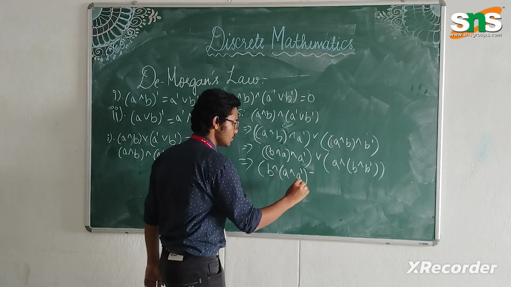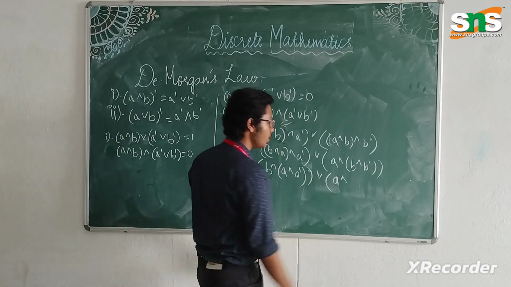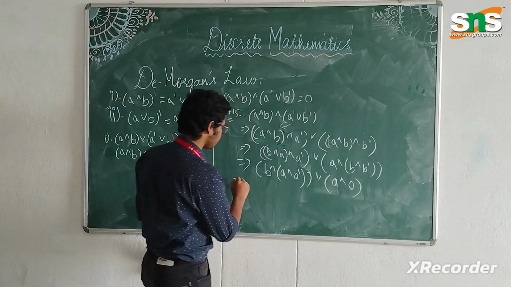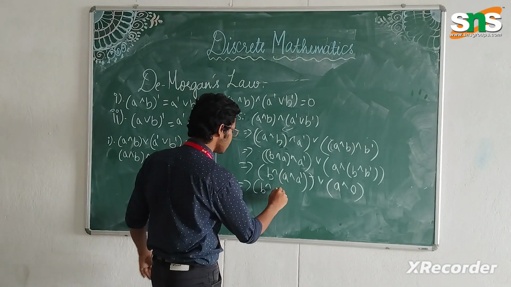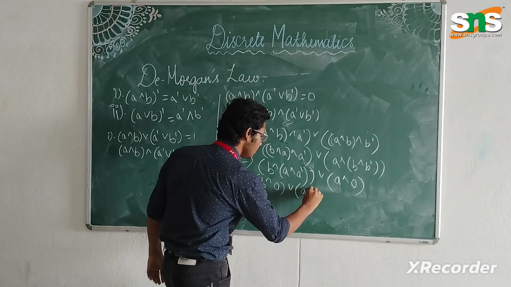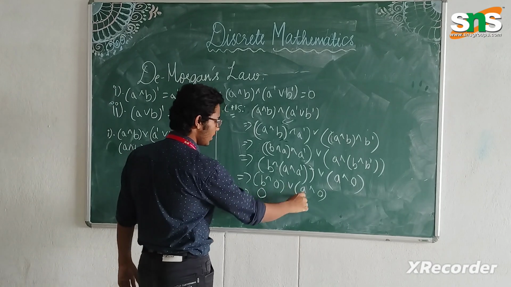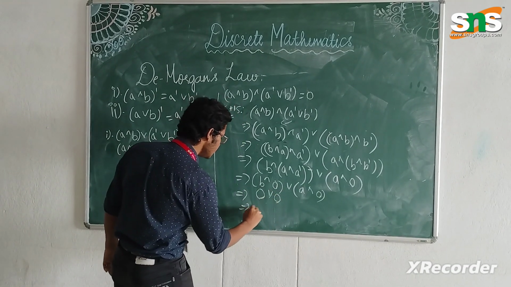B and B bar is equal to 0 and B and A bar is equal to 0. So 0 or A and 0. B and 0 is 0 and A and 0 is 0. So 0 or 0 is equal to 0.